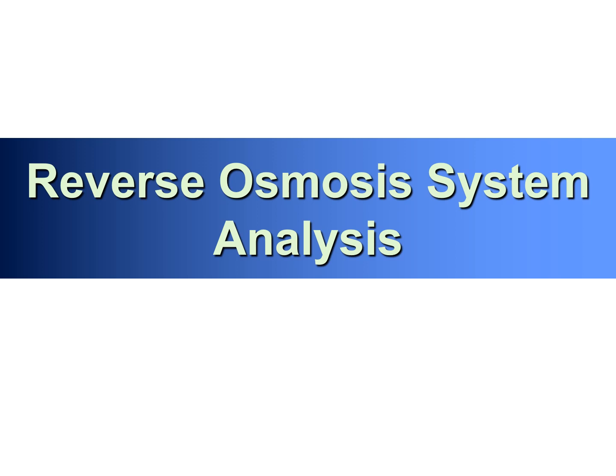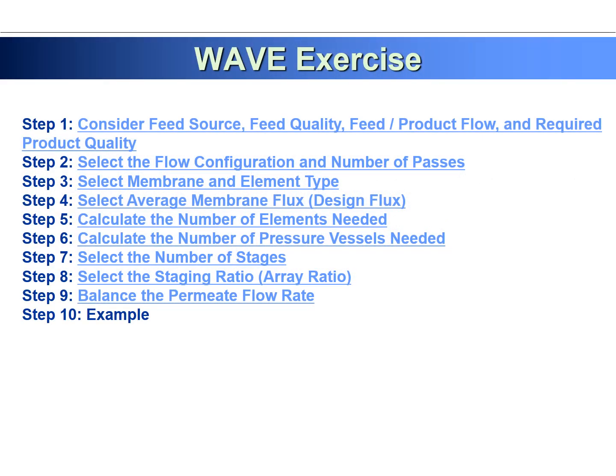So let's go to the reverse osmosis system analysis. Before we utilize the software, here is the basic concept of how we start. We have 10 steps. First step is to consider feed source, feed quality, feed product flow, and required product quality. Second step is to select the flow configuration and the number of passes. The third step is to select the membrane and element type.